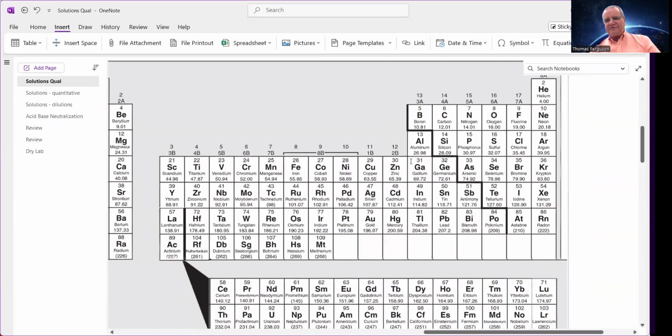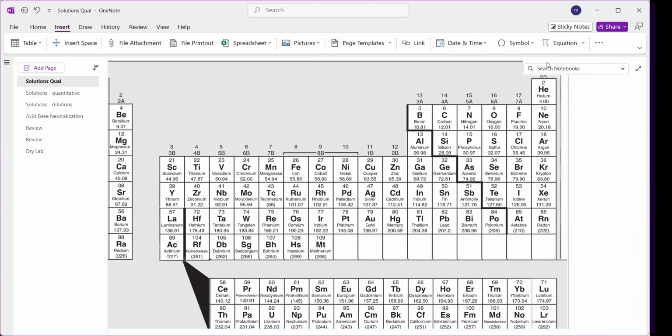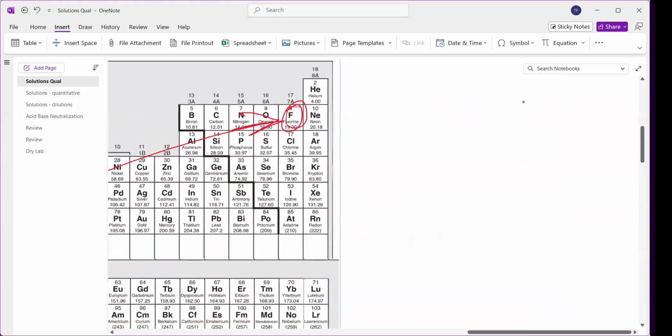Okay. So I'm going to talk about something called a trend. There are two parts to this trend, fluorine and radium. The trend goes that way. And there's something called electronegativity.